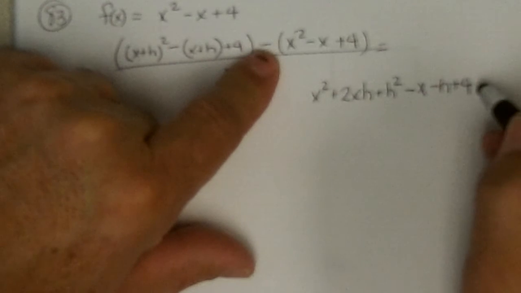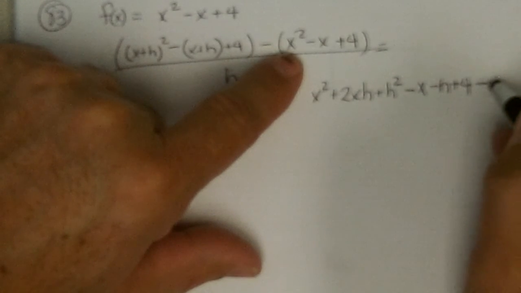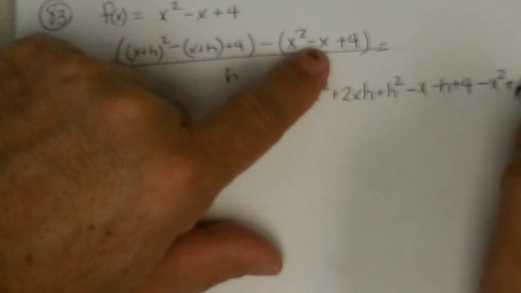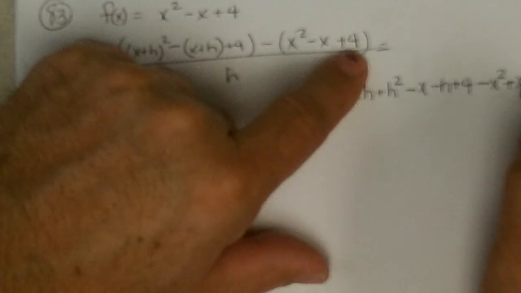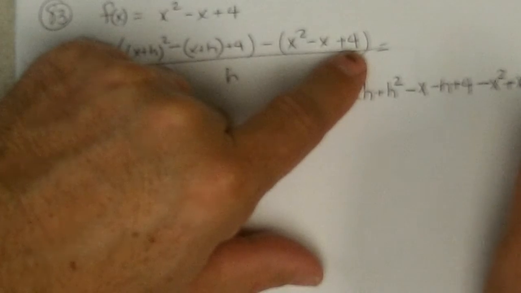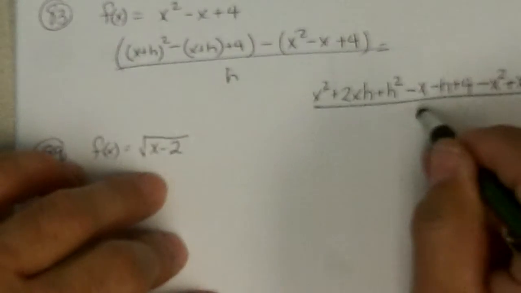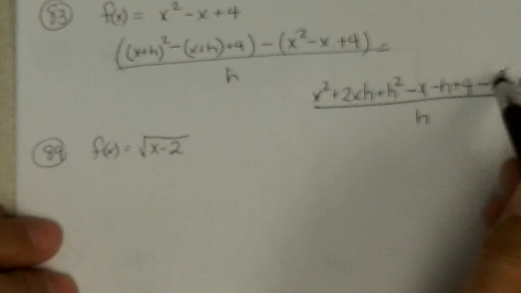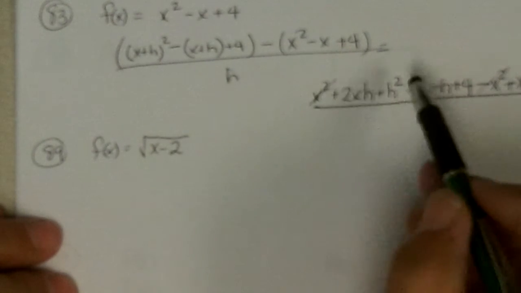And then we have to subtract an x squared. We have to subtract a negative x, which is plus x, and we have to subtract 4, over h.